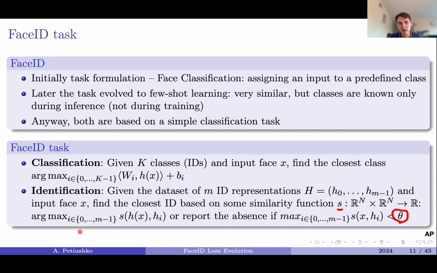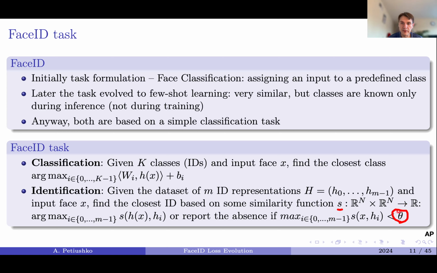So basically speaking, we just need to find out the class which provides us the bigger similarity, but if and only if the similarity is greater than or equal to some threshold theta.